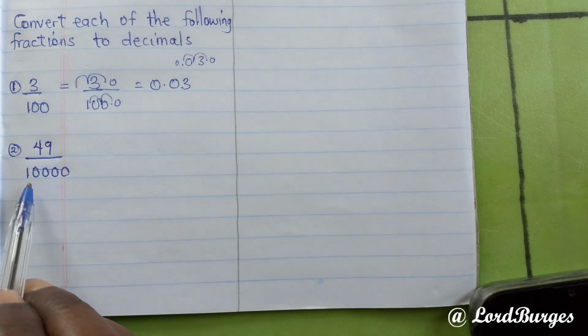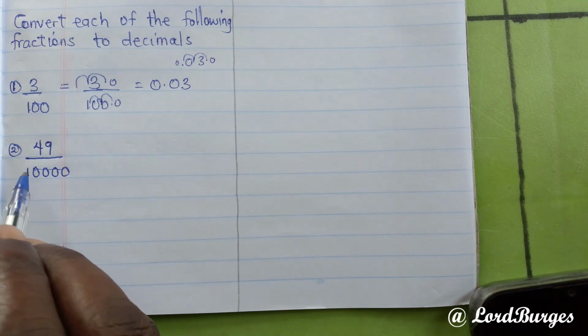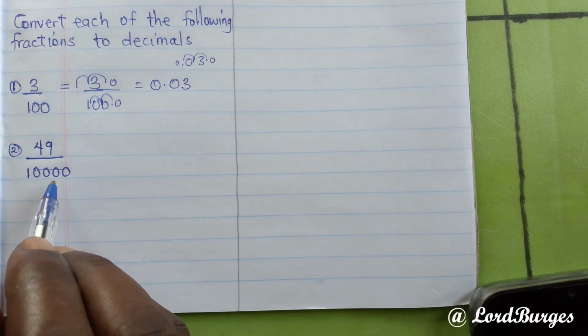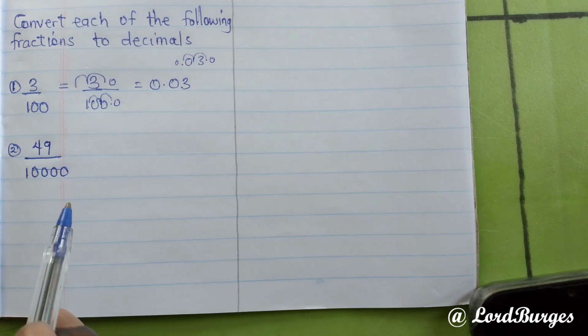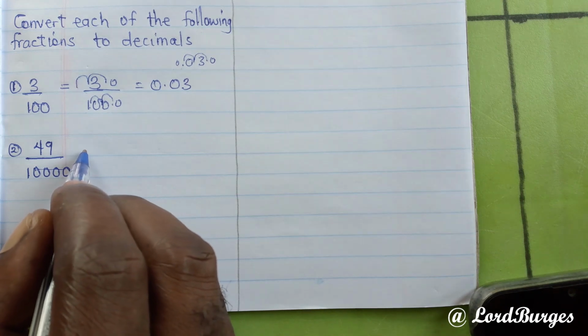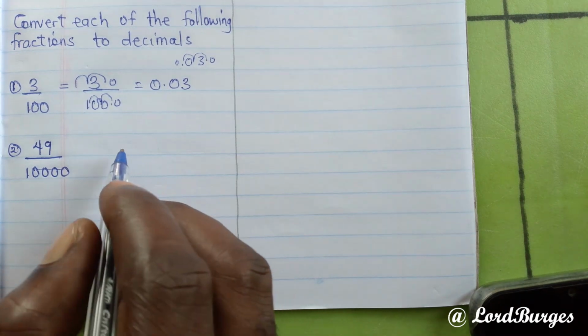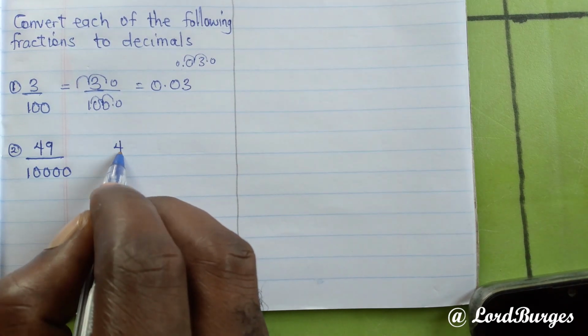Now I have 49 over 10,000. 49 over 10,000 simply means I am supposed to skip backward. That is 4 times. So if I'm skipping backward 4 times, this is my 49.